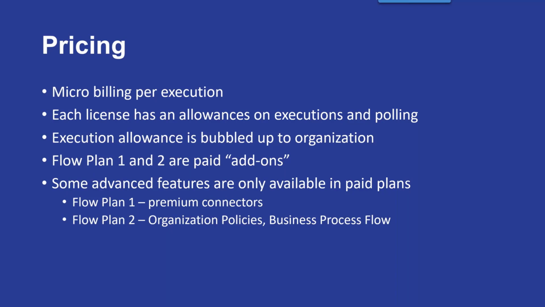compared to stuff that would be done by a single individual, right? On Flow Plan 2, we also have the organization policies that allow you to set up that data loss prevention that we discussed, meaning that you can say that in a specific environment or in a specific group of flows, you can only run those types of connectors.